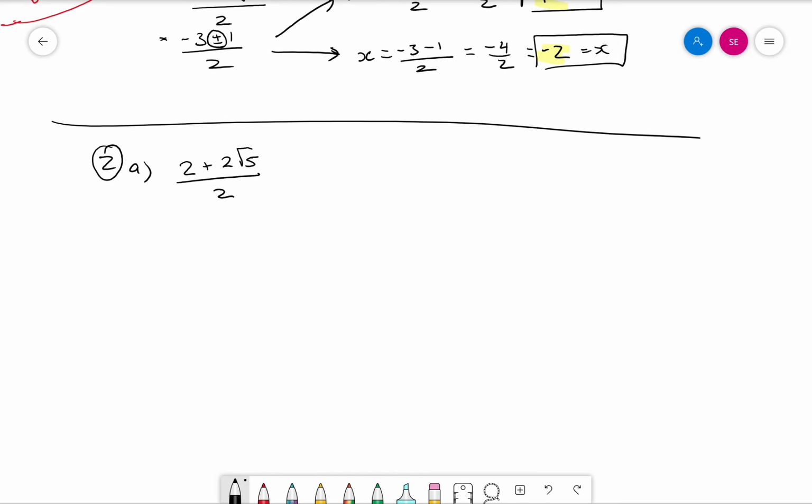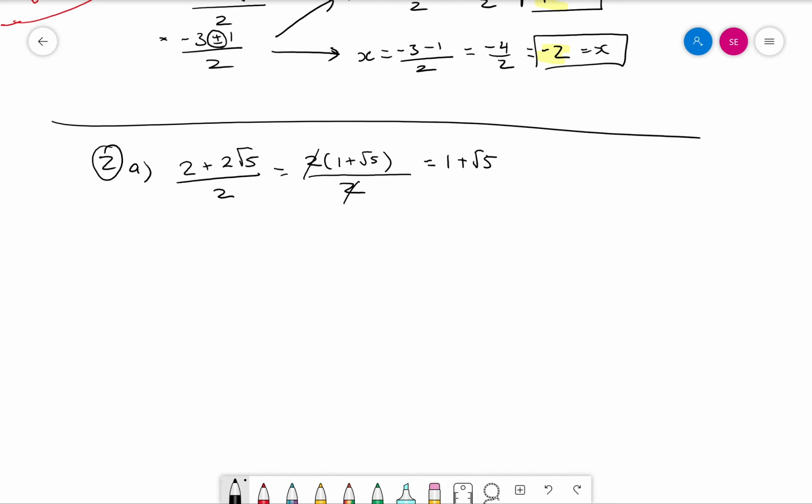Now, if we look at this, the numerator, we can take out the common factor of 2. Keep the denominator the same, and you'll see that these 2's will cancel. So you'll just be left with 1 over the square root of 5. So we took out the common factor of 2, and then we cancelled it with the denominator. So we'll do all of question 2 for homework.